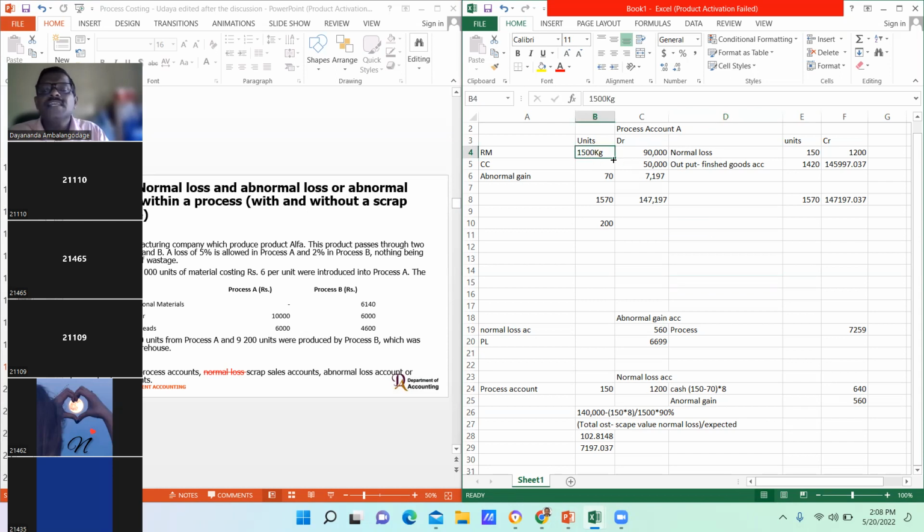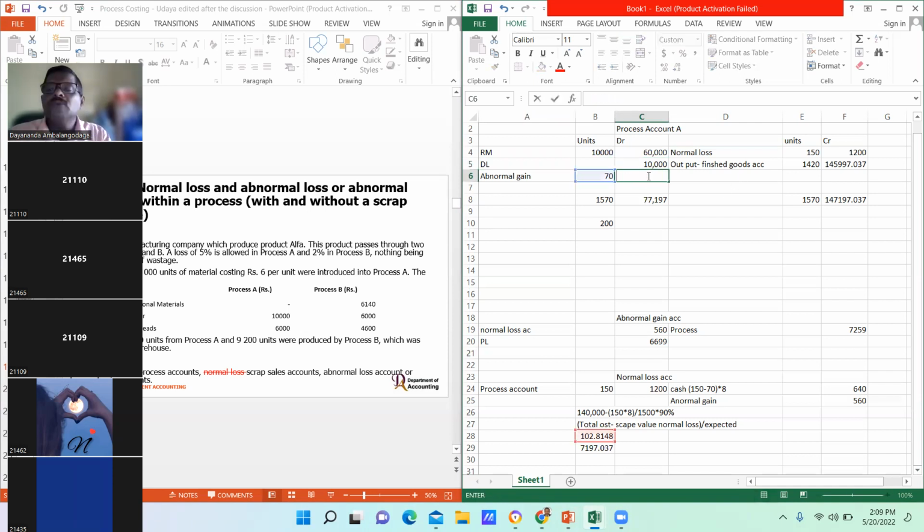Raw material units, instead of 1,500 in this new scenario, are 10,000 units, not kg. And since 1 unit is 6 rupees, the value would not be 90,000, it would be 60,000, 10,000 into 6 rupees. Here they have changed things. We have direct labor, which is 10,000.